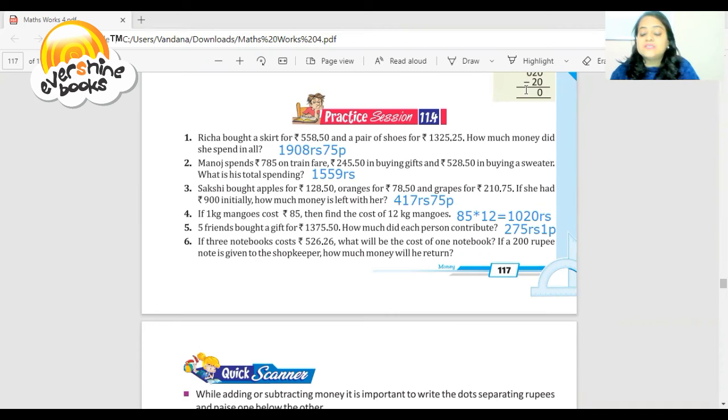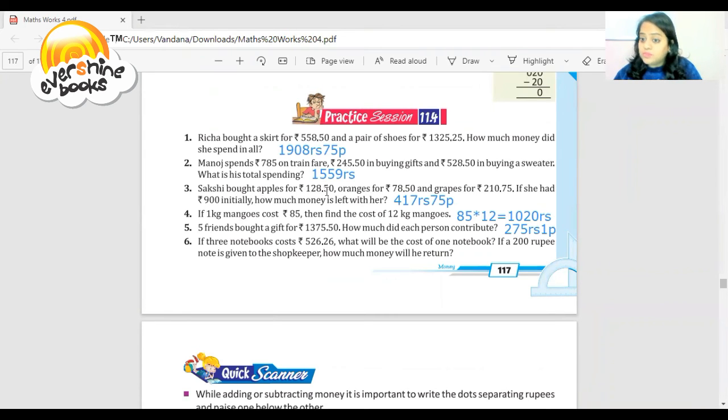You will get the answer 1,908 rupees 75 paise. Now students, question number 2. Manoj spends 785 rupees on train fare, 245 rupees 50 paise on gifts and 520 rupees 50 paise on a sweater. What is his total spending?